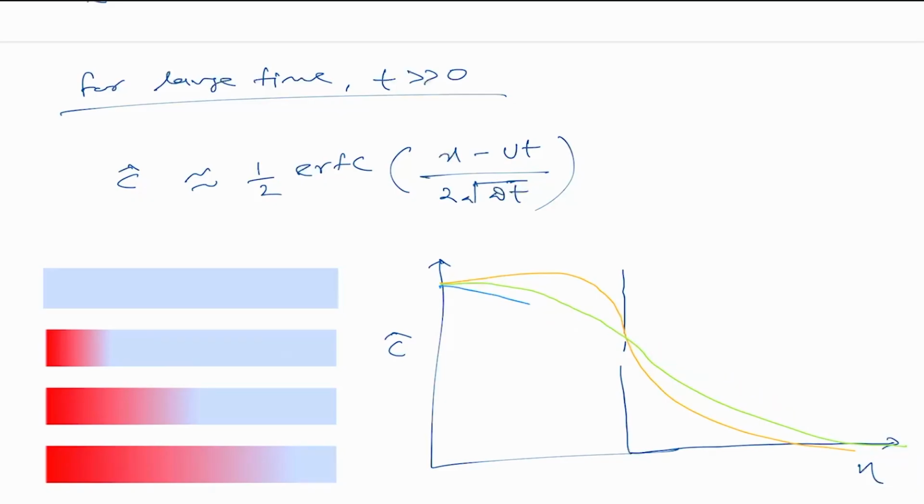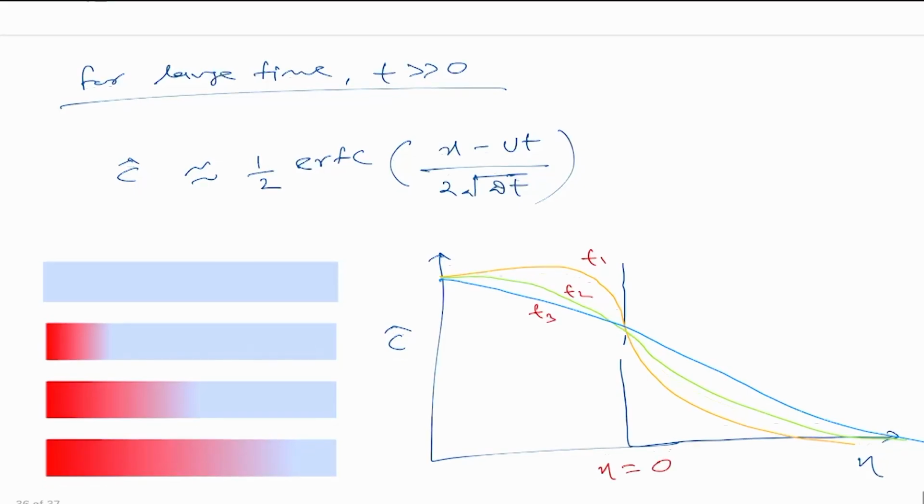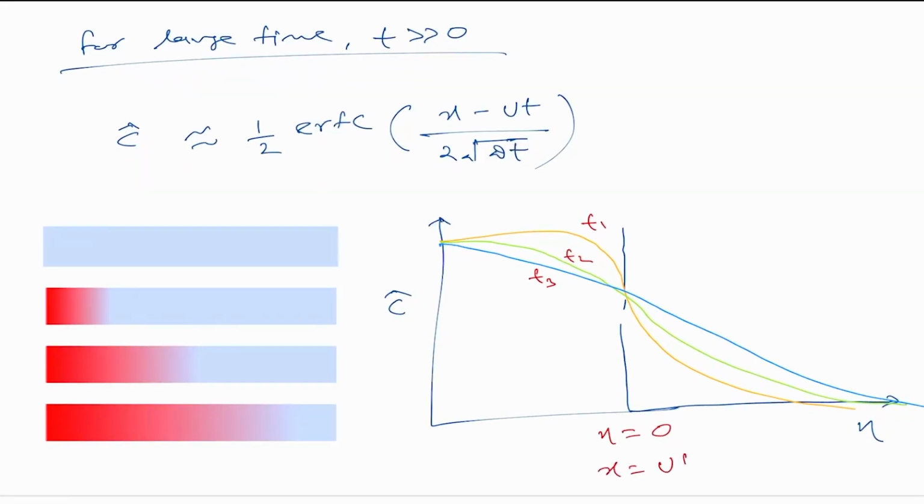Okay, so you can say this is at time t1, this is at time t2, this is at time t3, and this is eta equal to 0 or x equal to ut.